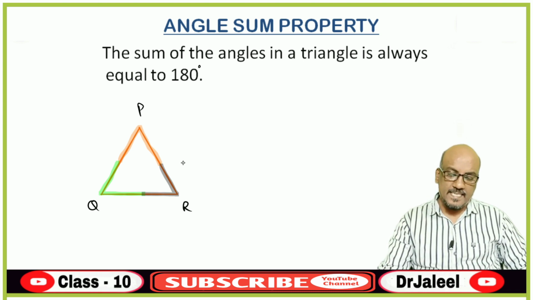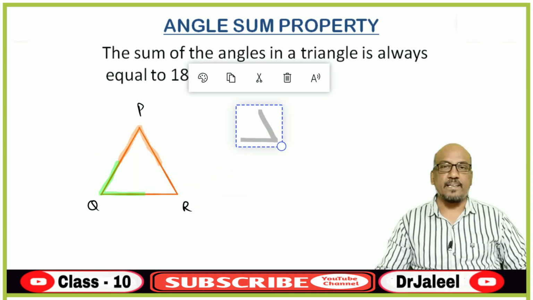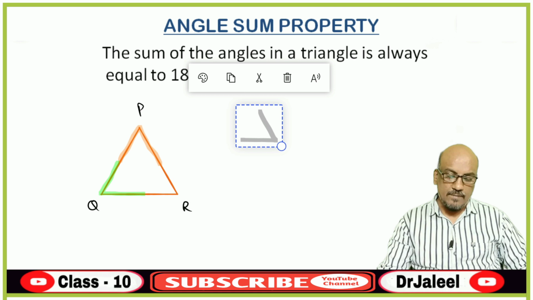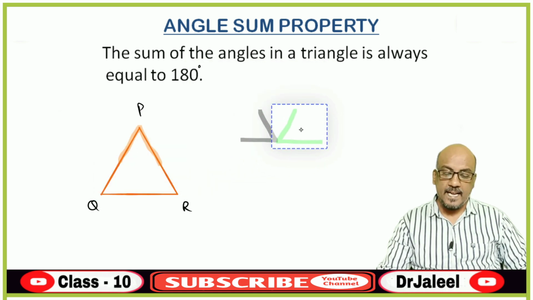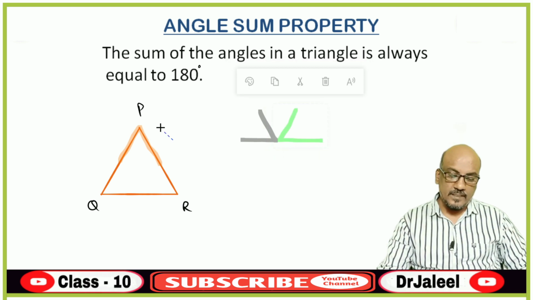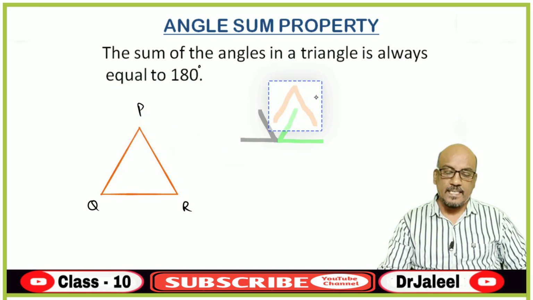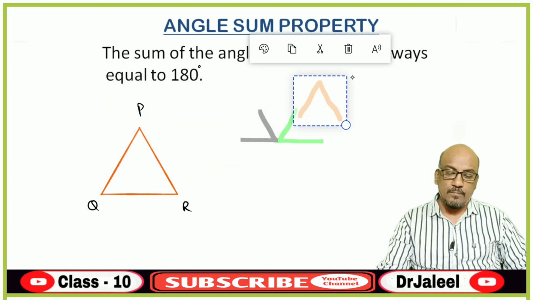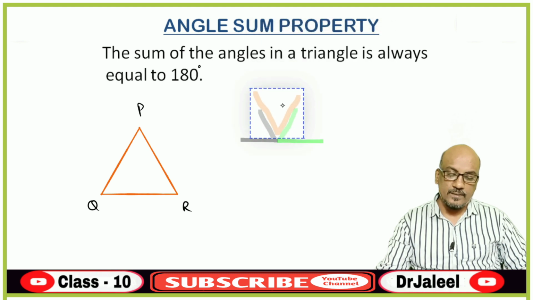I will separate these angles and try to add them. I have taken R and I'm keeping it aside. Same way, let me take Q and add it to the previous angle R. And then the third angle P I am taking, but it can't directly fit, so I am reversing this angle and joining it with this.